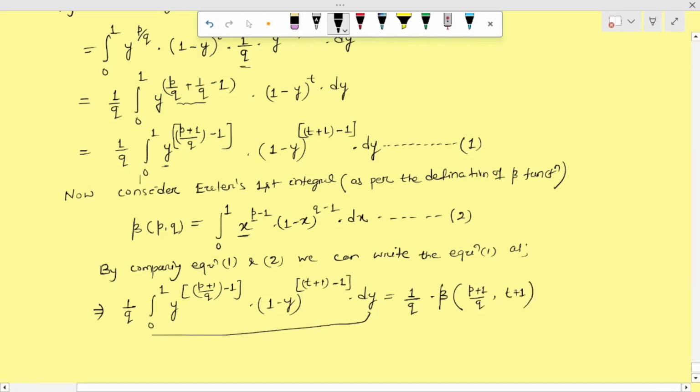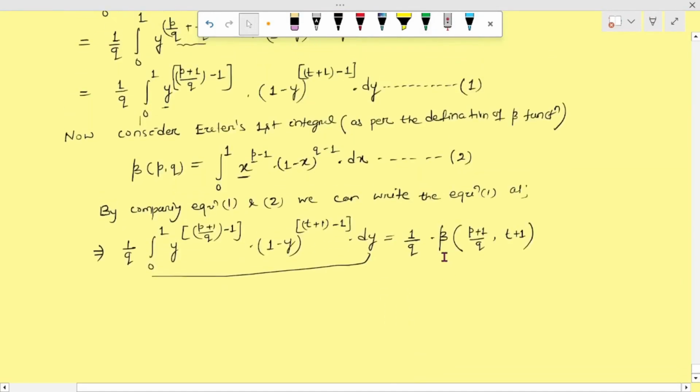By comparing equation number 1 and 2, we found that instead of q we can write t plus 1, and instead of p we can write p plus 1 by q.